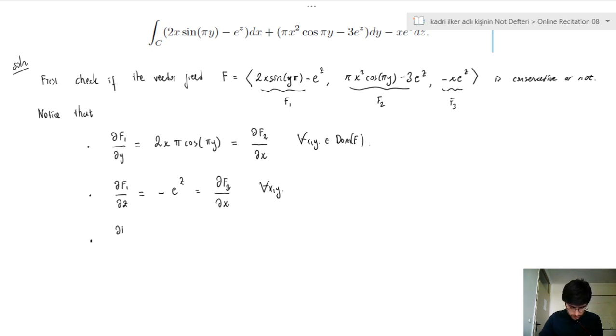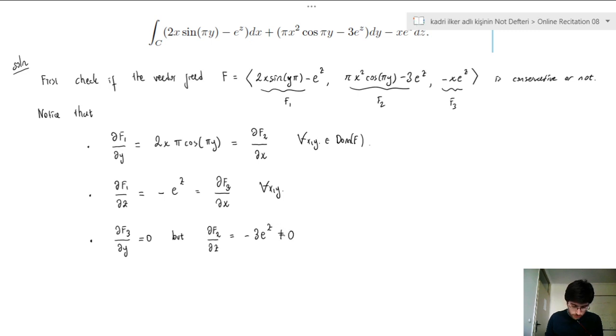But now we have a problem. The partial derivative of the third component with respect to the second variable is 0. But if you differentiate f2 with respect to the third variable, this is just minus 3 e to the z, which is never 0.